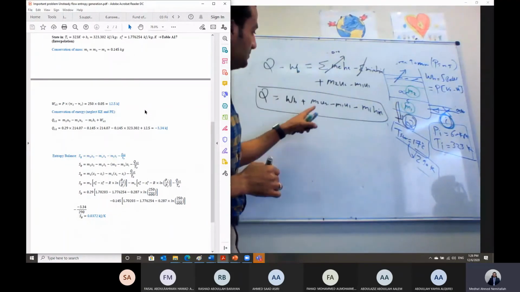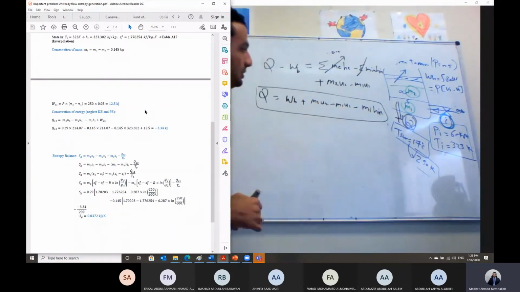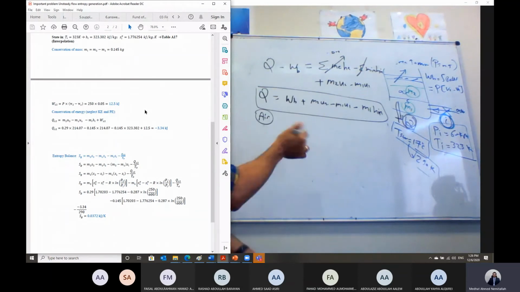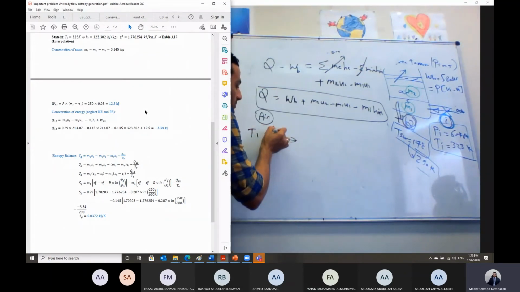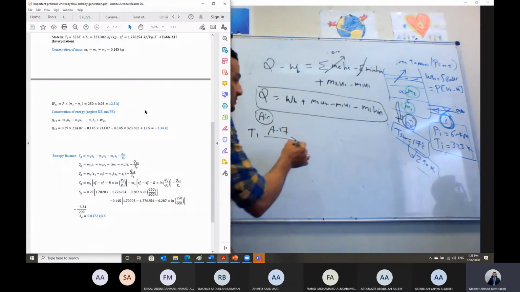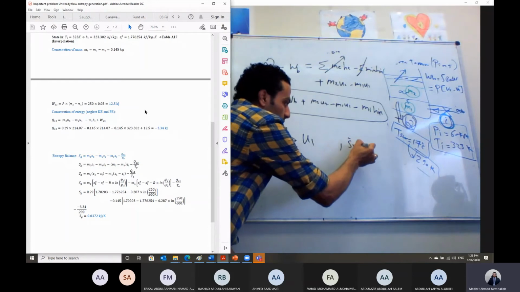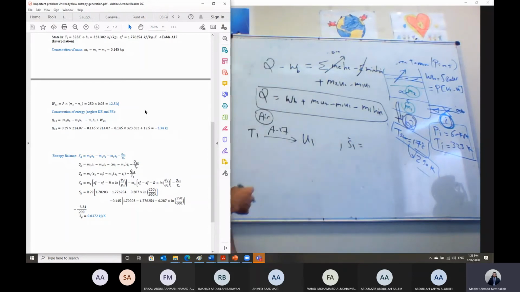Okay. So what about u2, u1, and h inlet? The working fluid in this case is air. Following the exact analysis, in this case we are given the temperature T1. Then we can go to table A17. So I can get the internal energy u1, and also s naught 1, because I need to calculate the entropy generation.